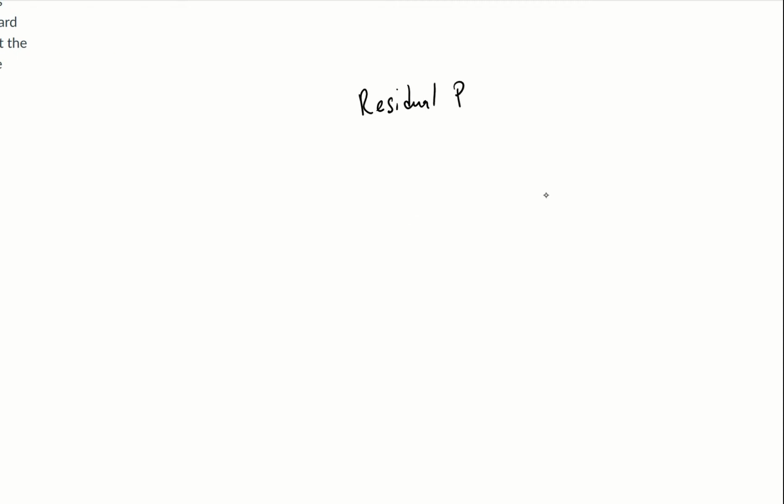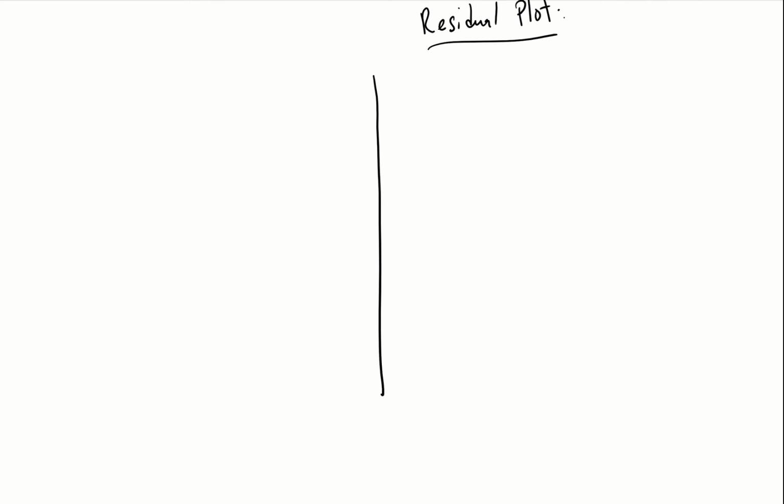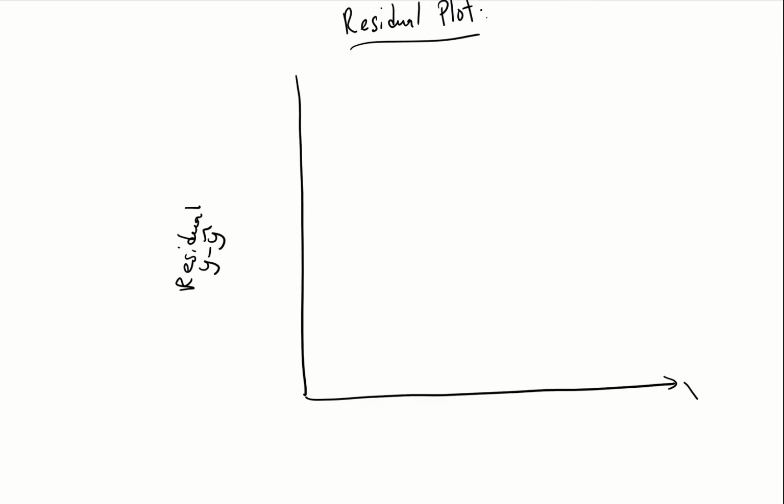Let's go ahead and draw the residual plot. Let's do it over here. Remember, when you do the residual plot, on the y-axis you're going to have your residuals, and the x-axis is reserved for the x values.